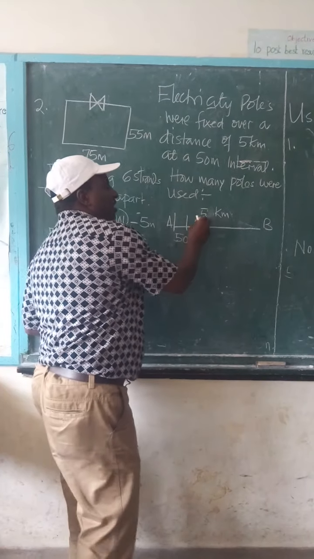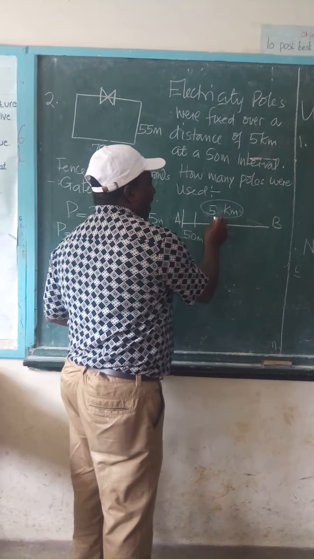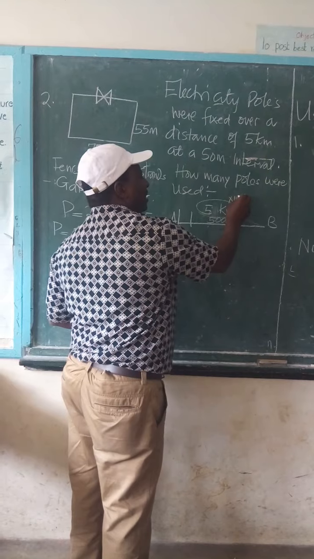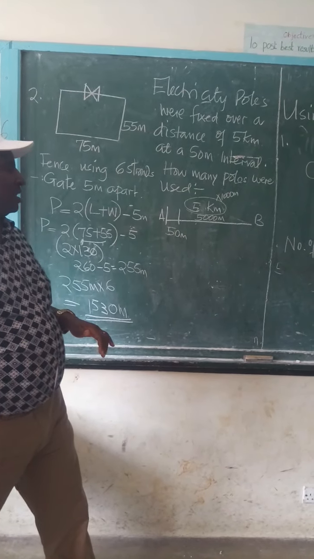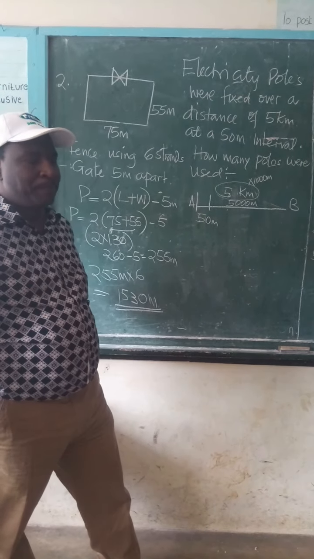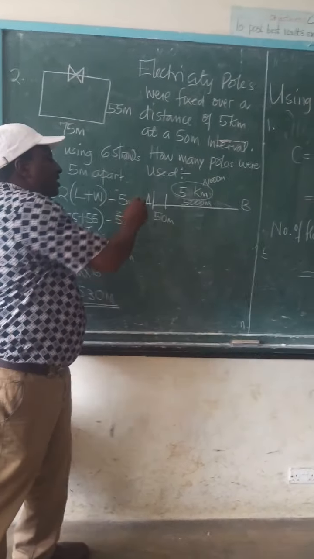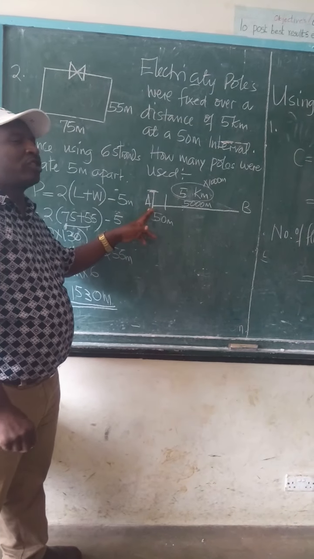So 5 kilometers is changed to 5,000 meters, because our multiplier here is 1,000. A kilometer is 1,000 meters. Now this is a straight line. The first pole that was fixed did not have an interval.